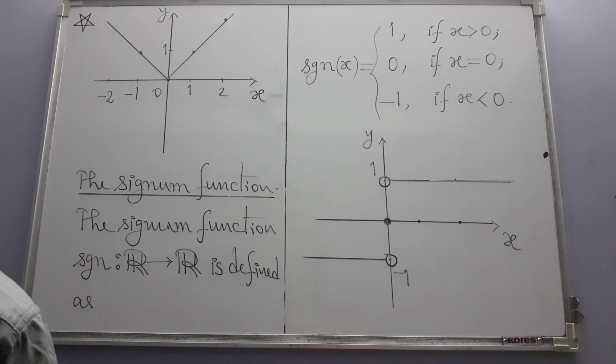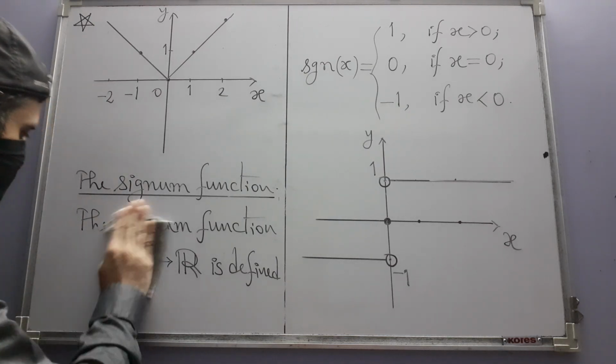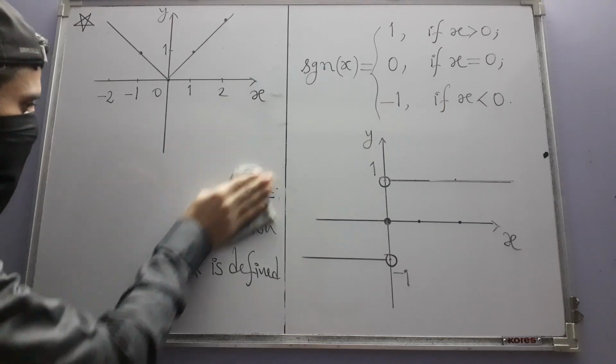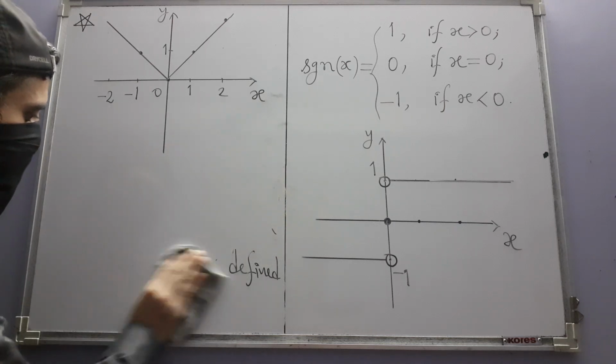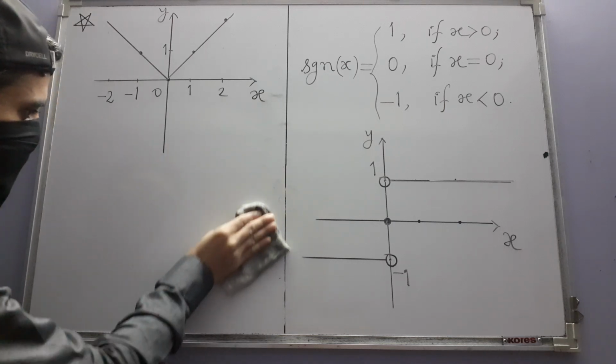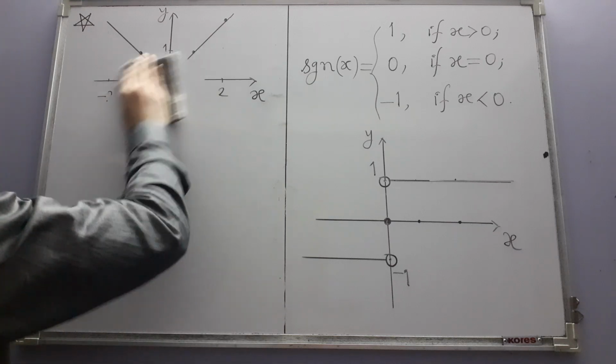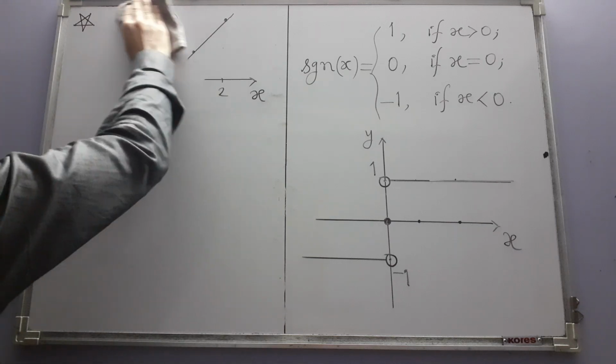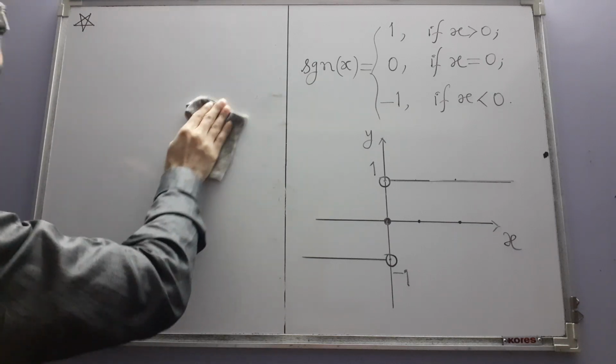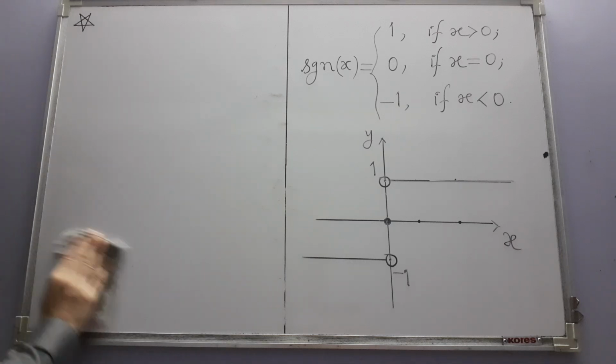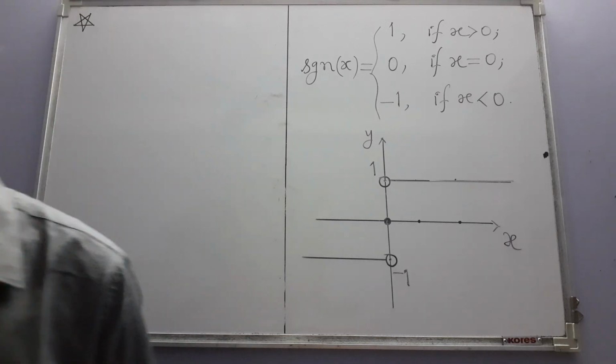And after the Signum function comes this very interesting function which is called the greatest integer function. Its graph will look like a staircase. And that's why this function is sometimes also called the step function, the floor function. These other names are also available for it.